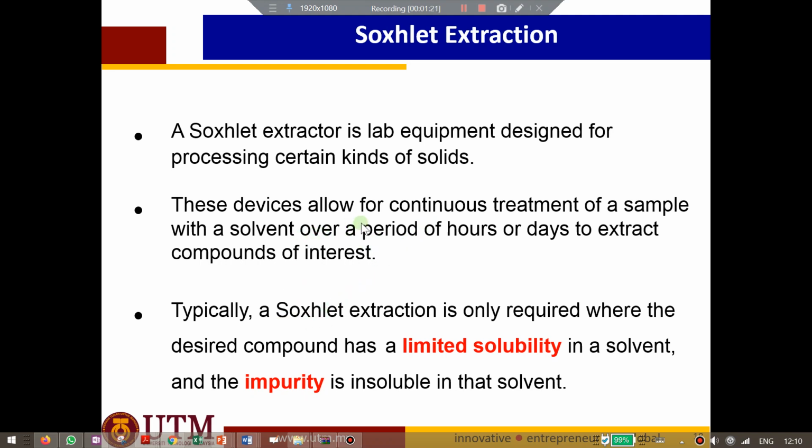The extraction can take hours or days, depending on the standard method or method validation done before. Typically, a Soxhlet extraction is only required when the desired compound has limited solubility in a solvent and the impurity is insoluble in that solvent.